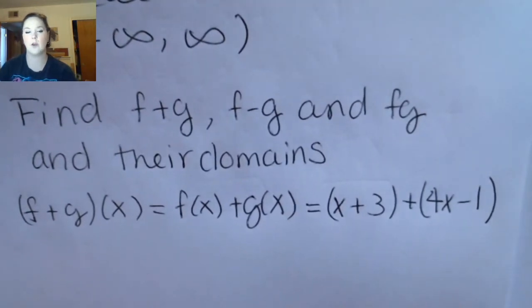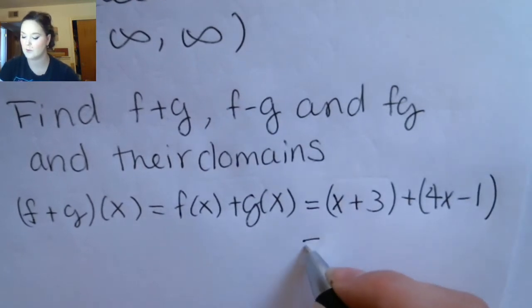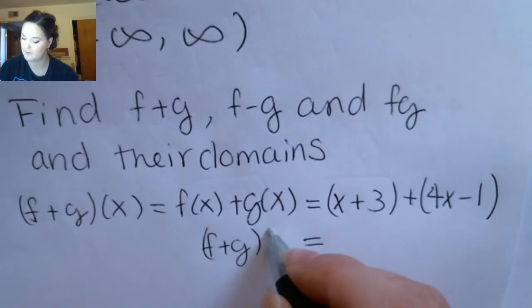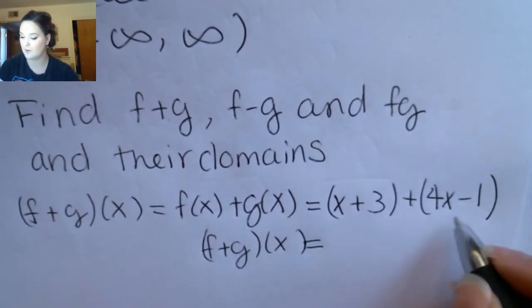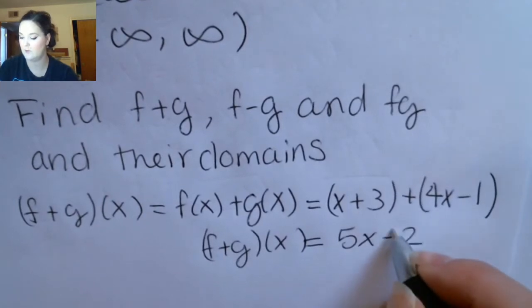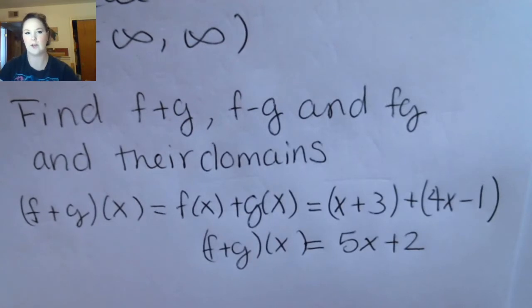Okay, and always with these problems, you're going to simplify them down as much as possible. So we're going to combine like terms here. Okay. So x plus 4x is 5x, and 3 minus 1 is 2. Okay, so that would be our final function f plus g of x.